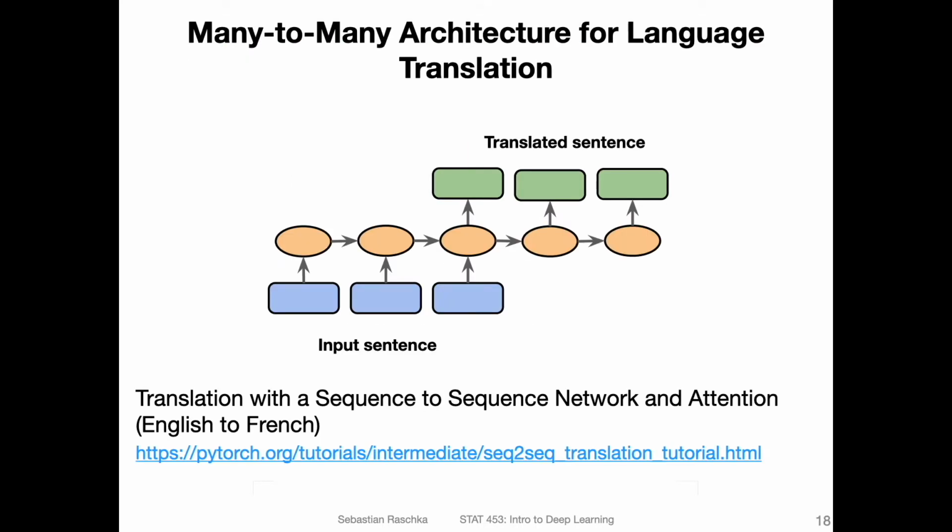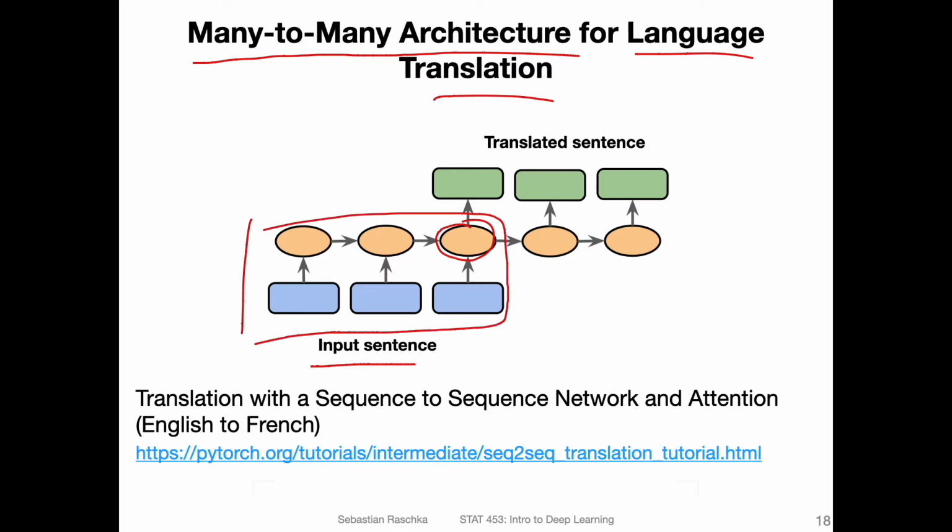Just to recap how language translation looks like. This is a many-to-many architecture for language translation. We have an input sentence, and this input sentence gets parsed into one hidden state. This whole part is essentially encoding the input sentence, which is why it's sometimes called the encoder part of the RNN, similar to how you call the first layers of an autoencoder the encoder, because it's compressing the input into one, let's say, hidden state.